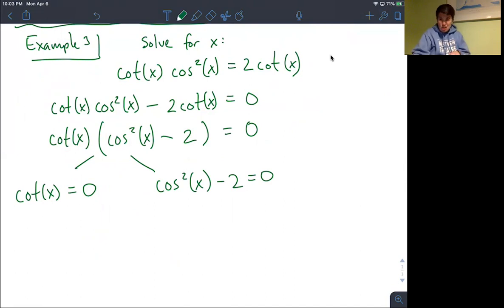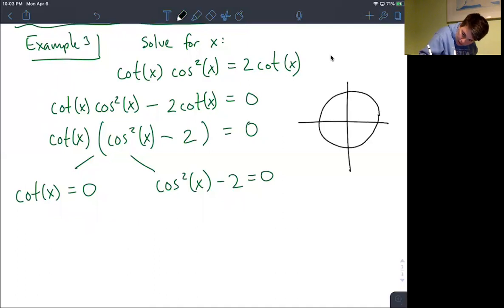Cotangent of x is cosine over sine, right? So for cotangent to be equal to 0, cosine has to be equal to 0, because if sine was equal to 0, it would be undefined. We can't have that. So I'm thinking of places where cosine is equal to 0.